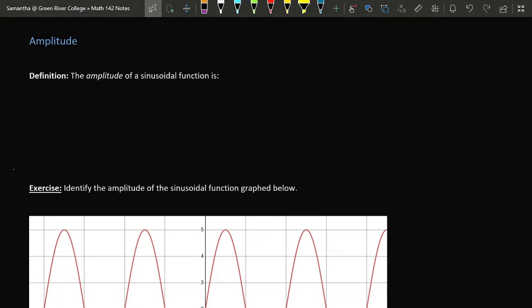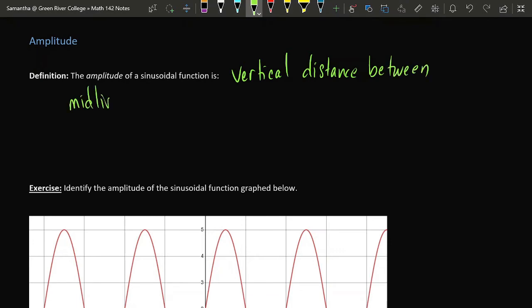The amplitude of the sinusoidal function is the vertical distance between the average, the midline, and the peak of the wave, or its most extreme value.